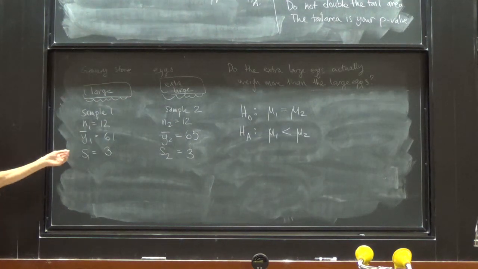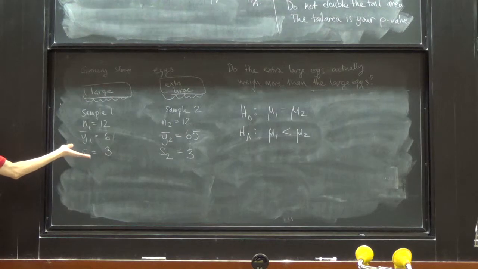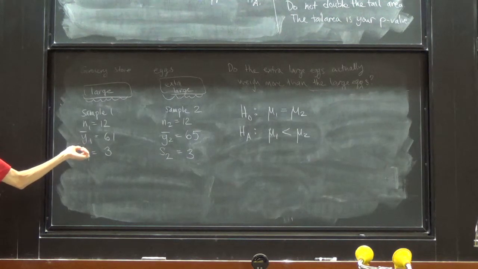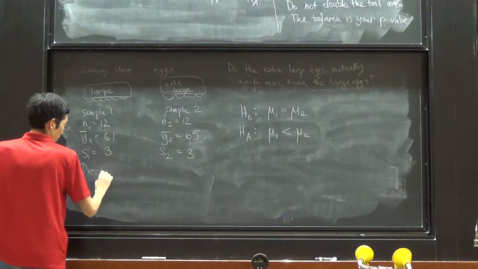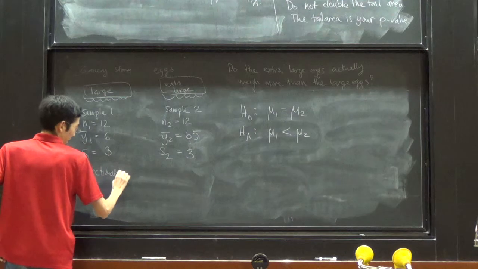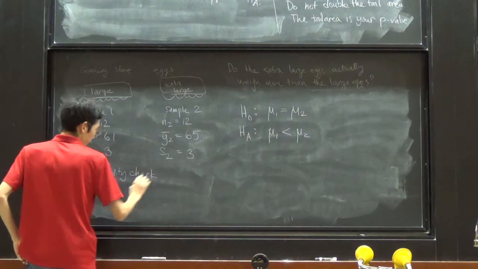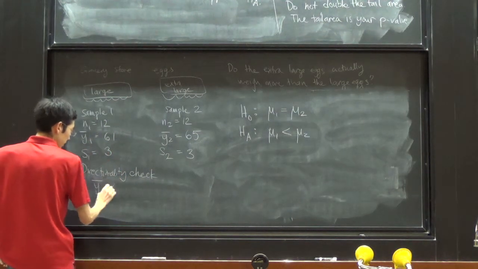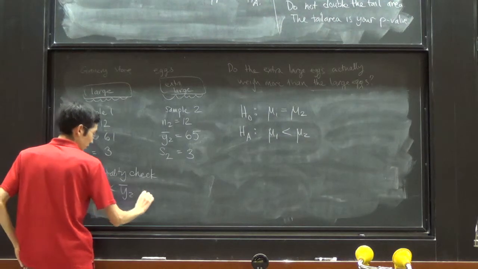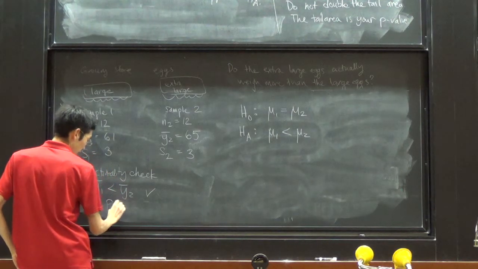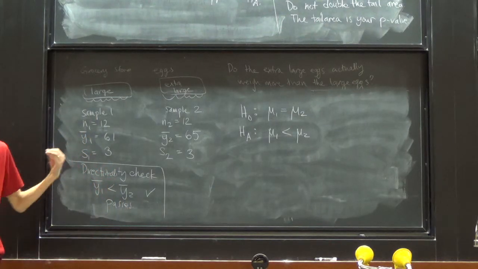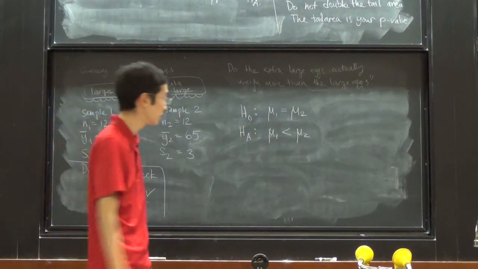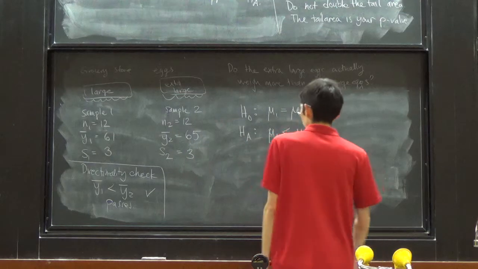Okay. So we do our directionality check, and what happens there? It passes the directionality check, okay? And we find that y bar 1 is less than y bar 2, so it passes. Okay, so then we have to go forward with the math behind the test.